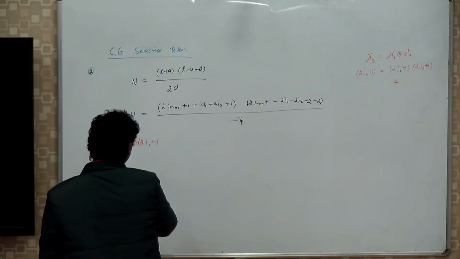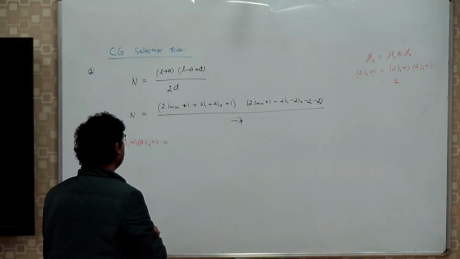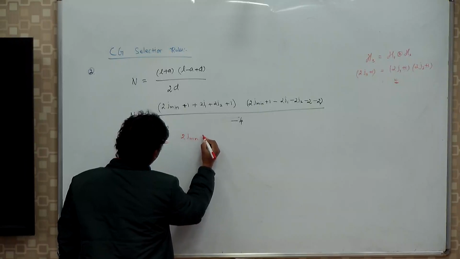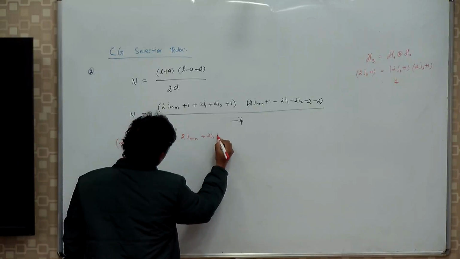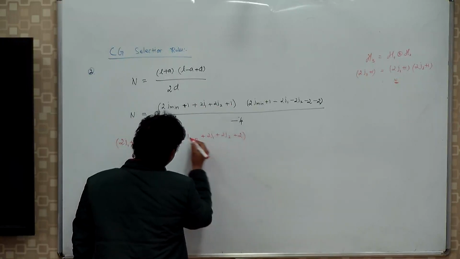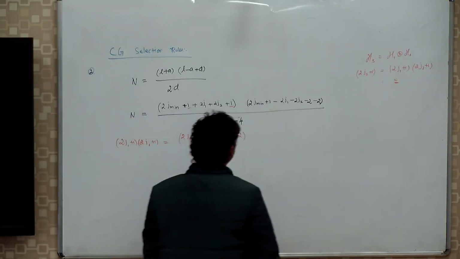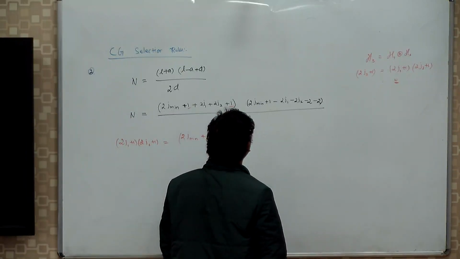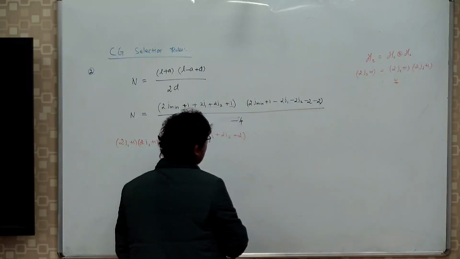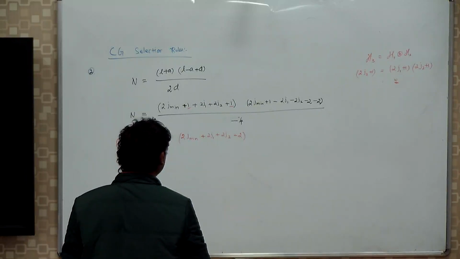So that's what I have written. Then we can modify 2j minimum plus 2j1 plus 2j2, then you will get plus 2 here, adding these two terms. By looking here, minus 2 and minus 2 here plus 1, then we'll get minus 3.